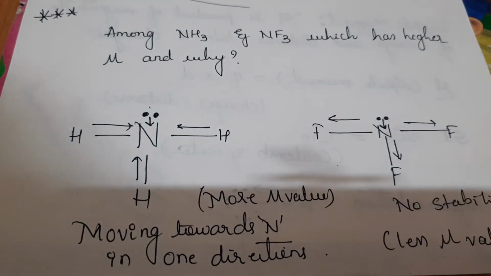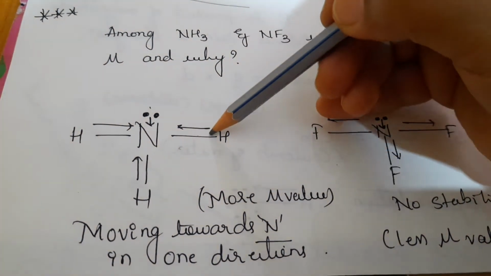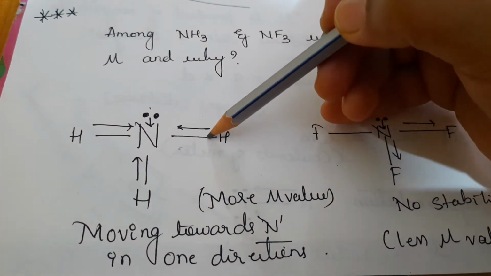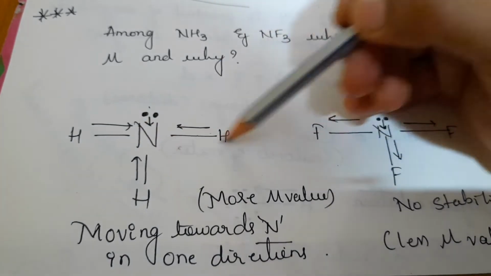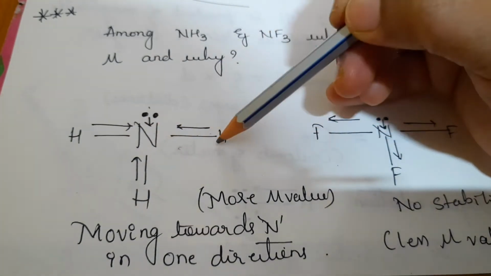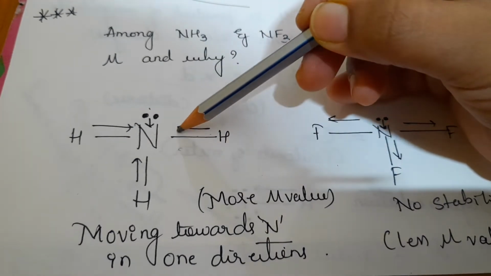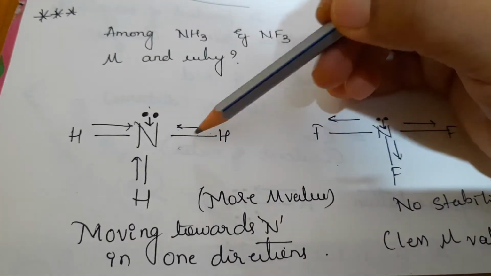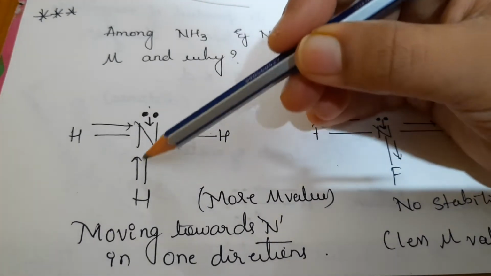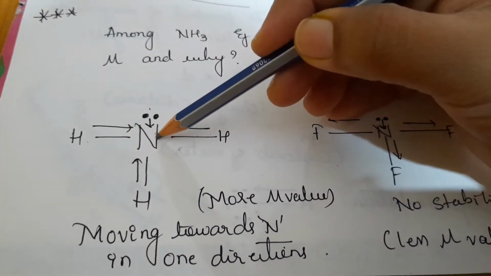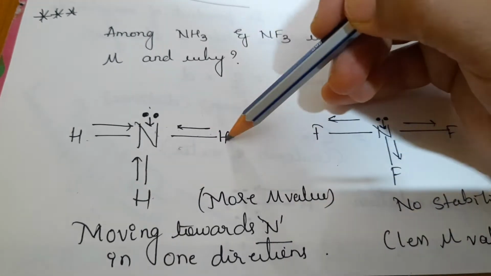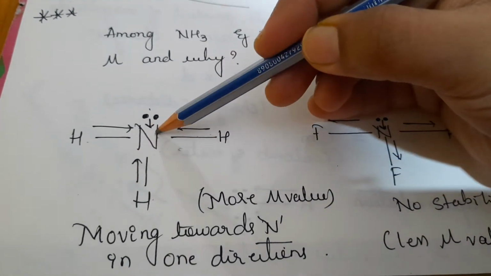In this NH3, ammonia, if you consider the ammonia molecule, charge is not going to be taken away from the nitrogen, rather it is being donated to the nitrogen atom. All the electrons are pulling towards the highly electronegative atom. This hydrogen, this hydrogen as well, this hydrogen, all together they are providing to the nitrogen.